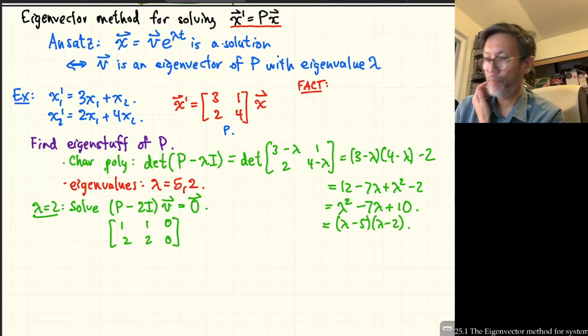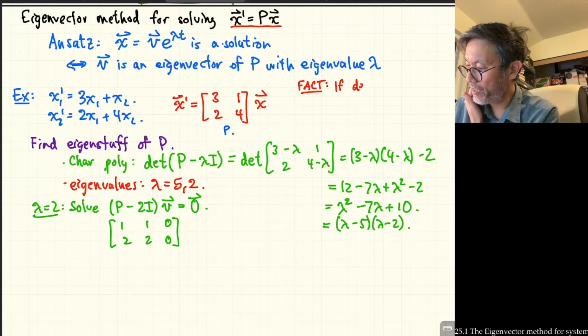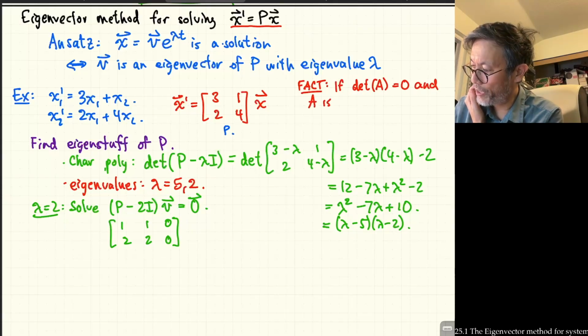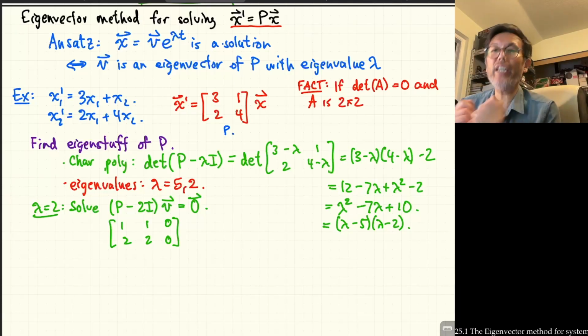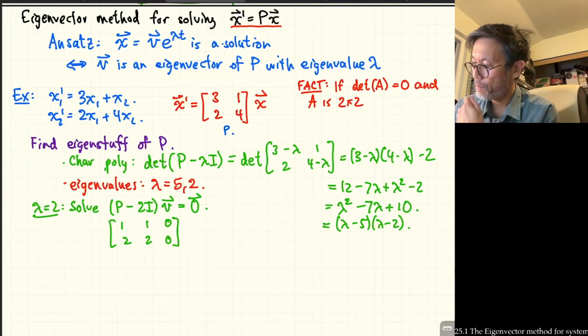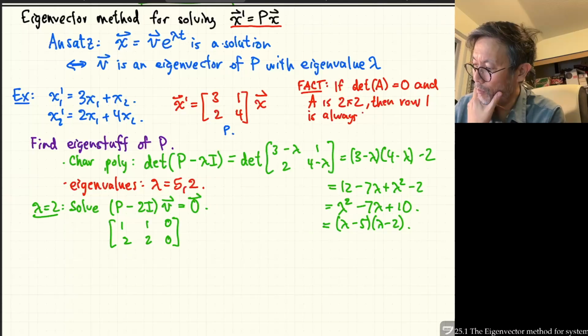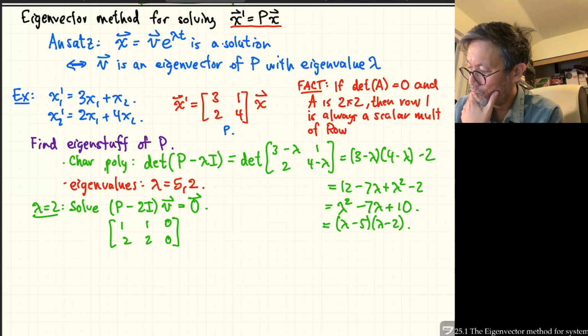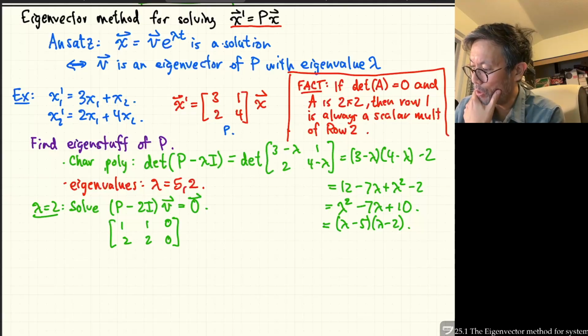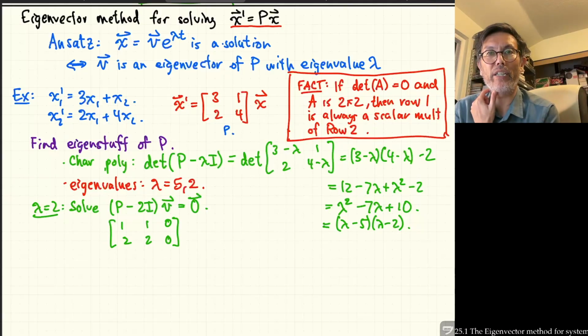Here's the fact. If the determinant of A is 0 and A is 2 by 2, so in the special case where A is a 2 by 2 matrix, then row 1 is always a scalar multiple of row 2. This is a fact, and I will allow you to just use this fact without mention.